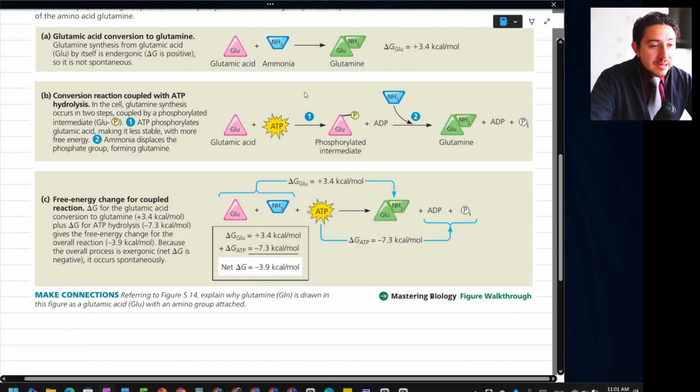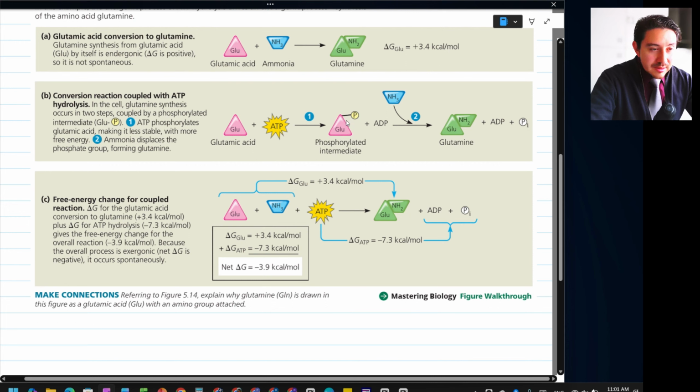So if you see here, number one, glutamic acid will react with ATP. That ATP would pass a phosphate, the third phosphate, to glutamic acid. So now you have that third phosphate that has bonded to glutamic acid, and now you have ADP.